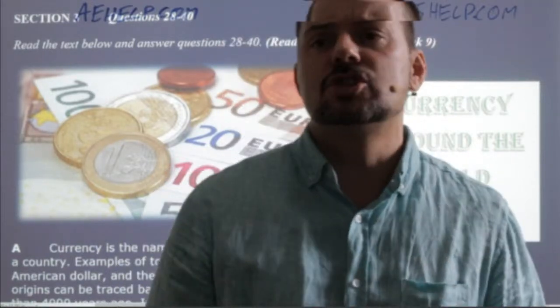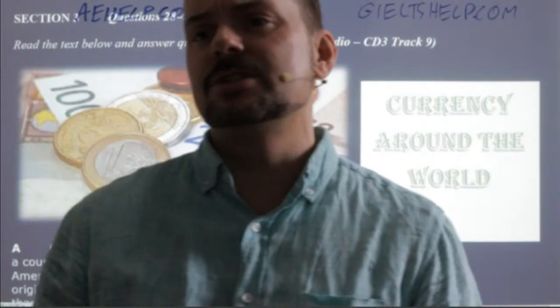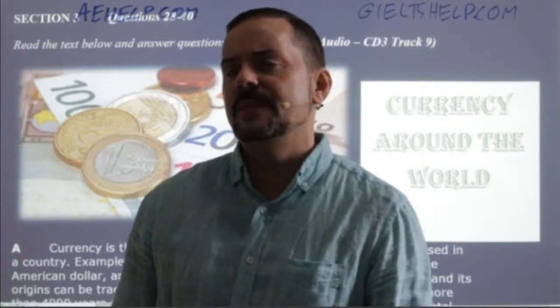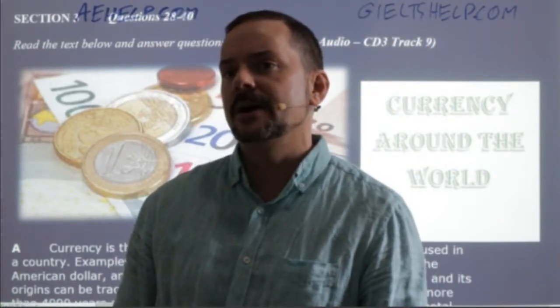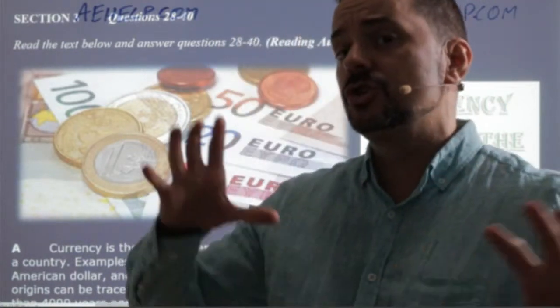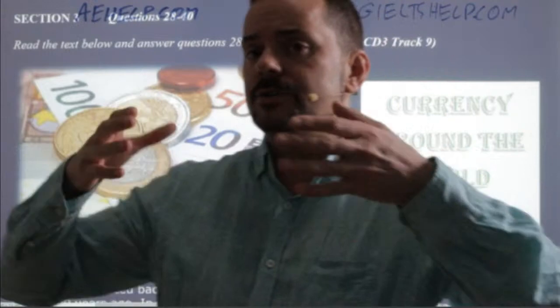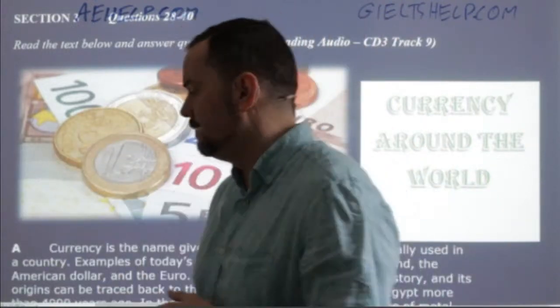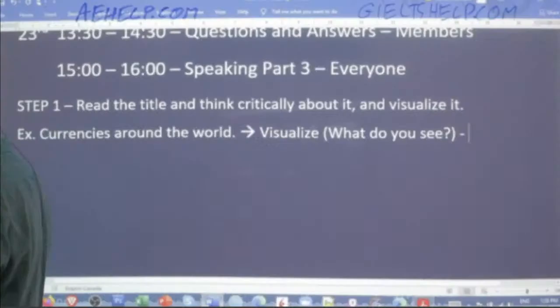Okay, so Janil says all countries have different currencies. Okay, Janil, that's not a specific visualization. It's very external. Okay, you want to be involved. So when you're visualizing, students, the best type of visualization is always where you're involved. Okay, so keep that in mind.